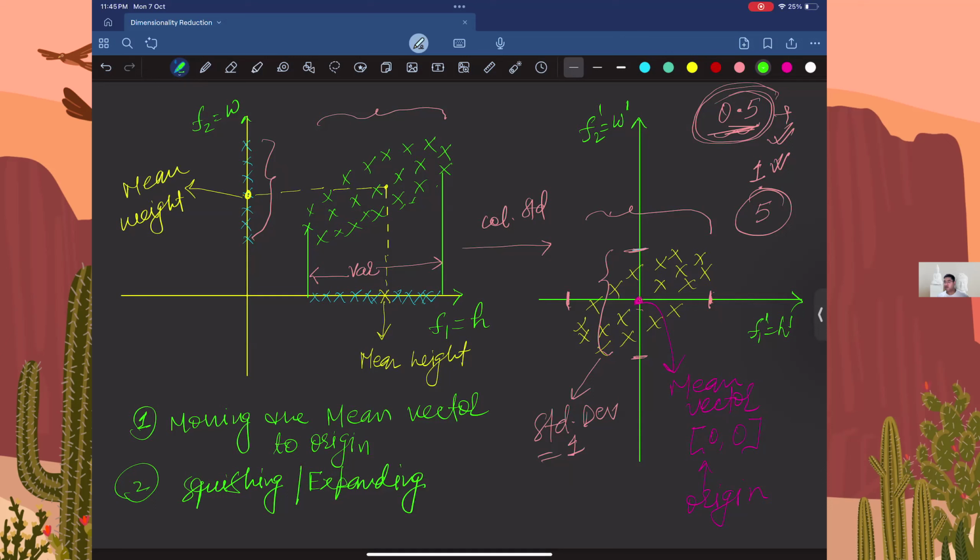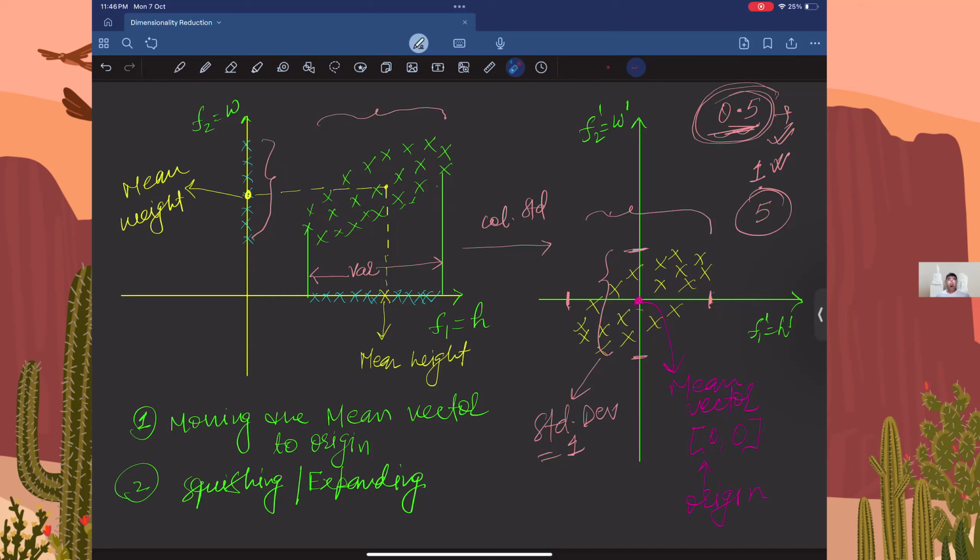So I'm moving my mean vector to the origin, and I squeeze points if the standard deviation is greater than 1, and I expand them if the standard deviation is less than 1. I have to make the standard deviation equal to 1 on every axis, on both axes, I mean on your F1 dash axis and F2 dash axis.